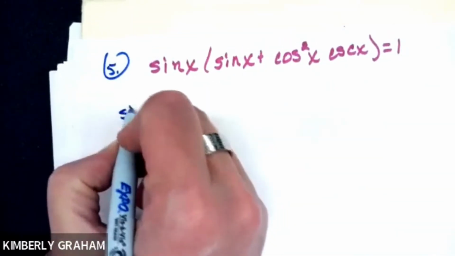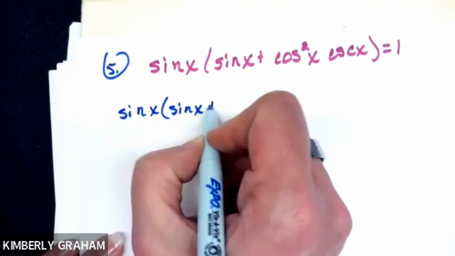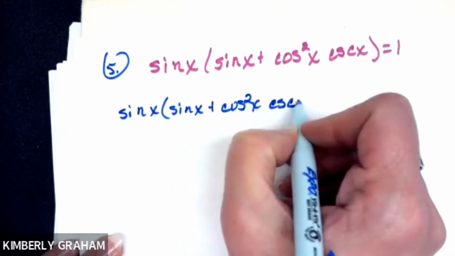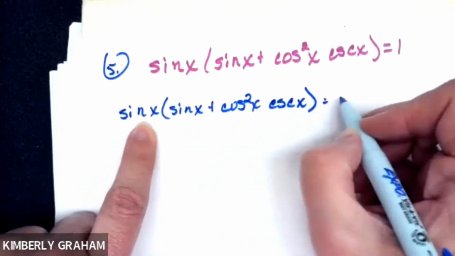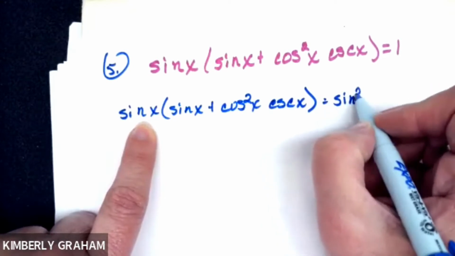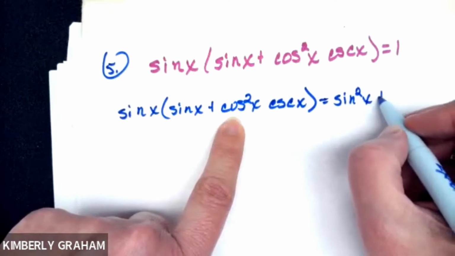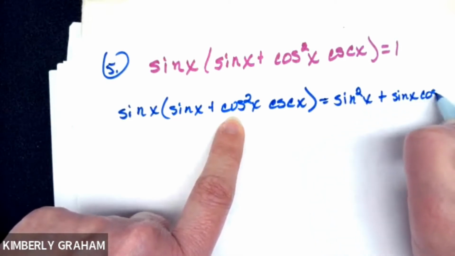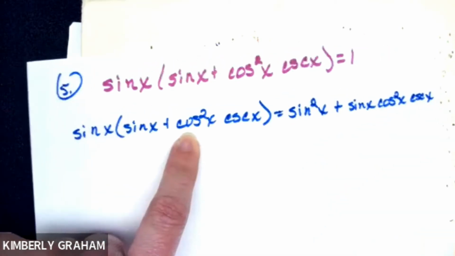So I start off with what's given to me. I'm going to distribute. So I'm going to have sine squared x plus sine x cosine squared x cosecant x.